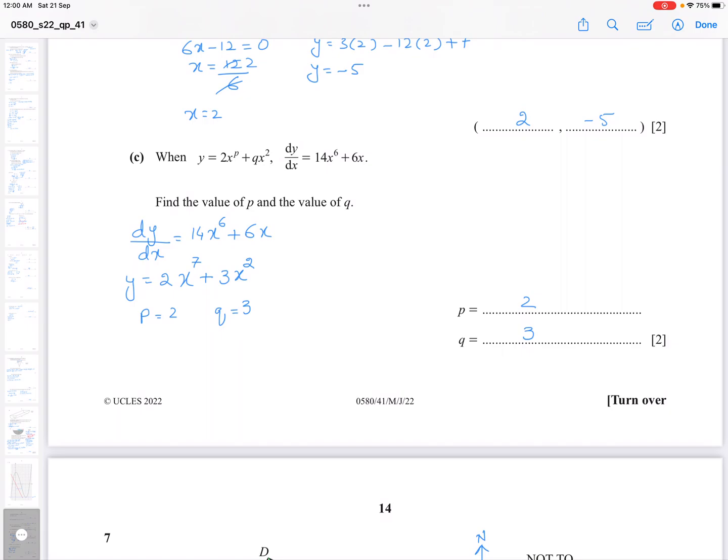I think I have explained this properly to you, or you can see q x square is written there.